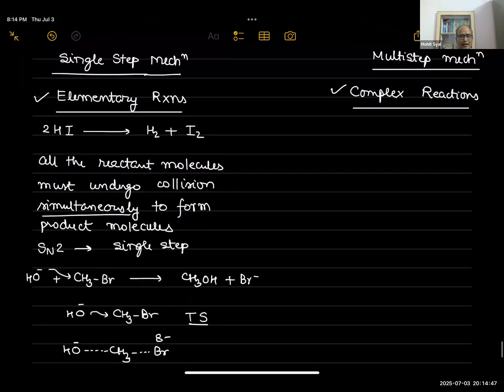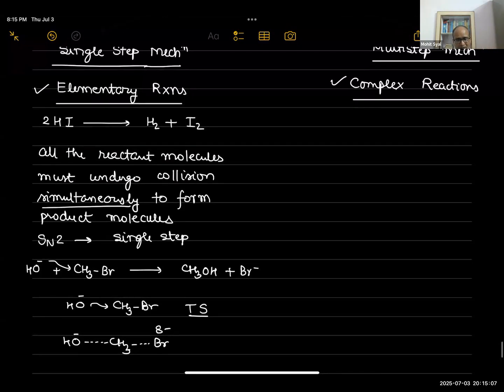But in a complex reaction, all of the reactant molecules are not able to react in just one step. Some of the reactant molecules may participate in the next step. In the first step you may end up with some reaction species which have incomplete bonds.